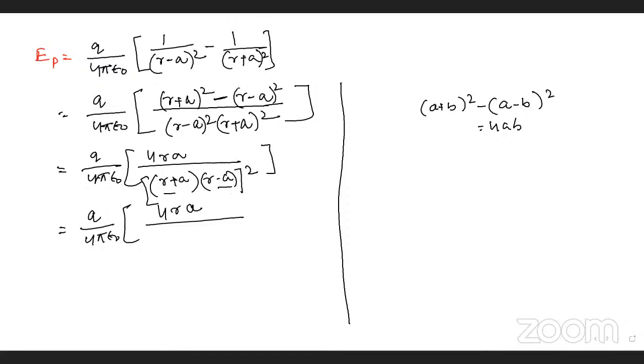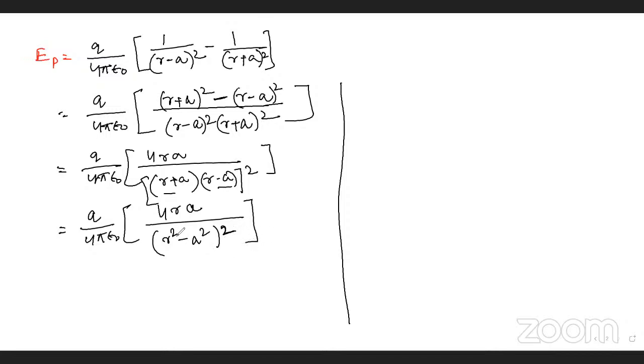What can I write for that? a square minus b square, very good. So in the denominator it will be (r square minus a square) whole square. Inside the bracket (a plus b) into (a minus b) gives a square minus b square, and outside the bracket another square is there.